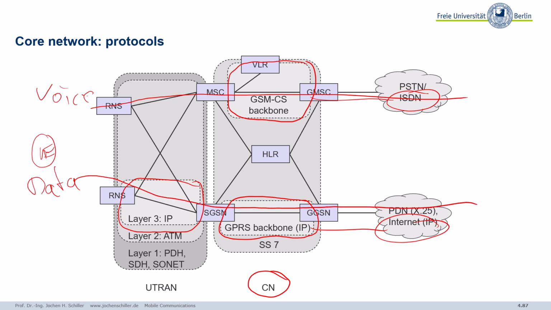So you have these two paths inside the system, a circuit switched and a packet switched. And we will learn that LTE will drop the circuit switched part and only the packet switched part remains. But for now, we have those two parts. So the legacy from GSM helps to save a lot of money.